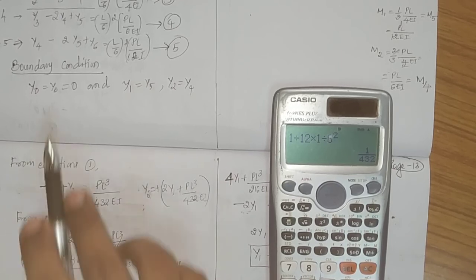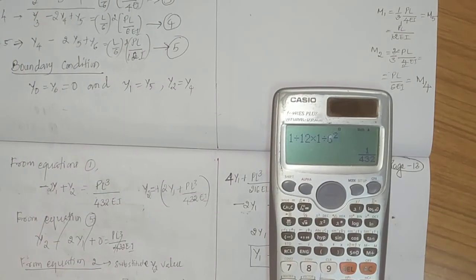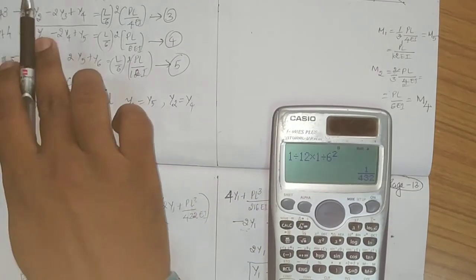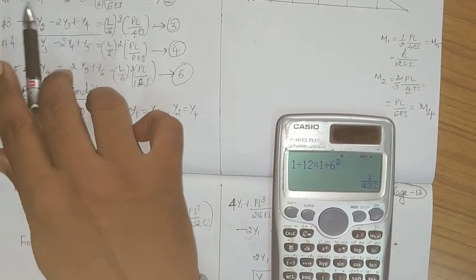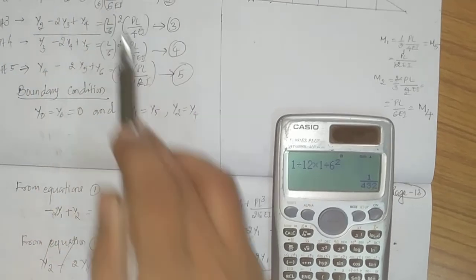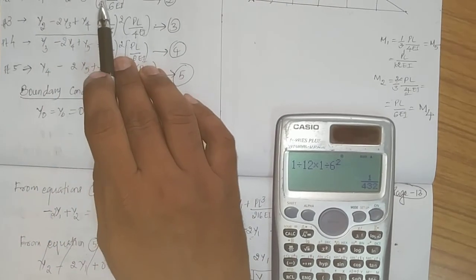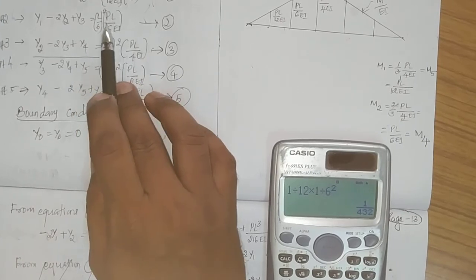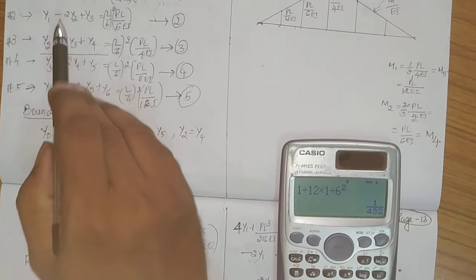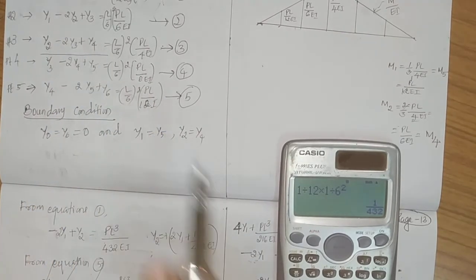In equation number 2, substitute the value of y2, which is nothing but 2y1 plus PL cube by 432 EI. What is equation number 2? y1 minus 2y2 plus y3 is equal to L square by 6 PL by that. So you just need to substitute this y2, whatever we have got.